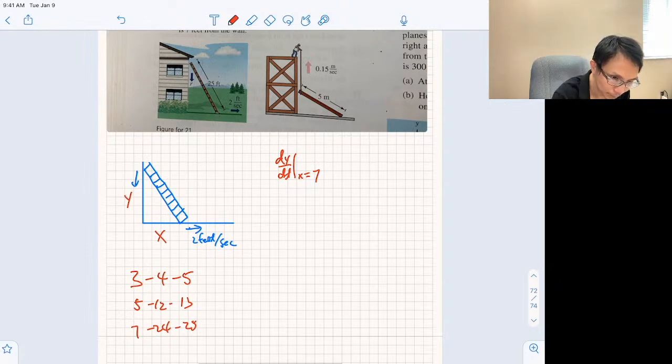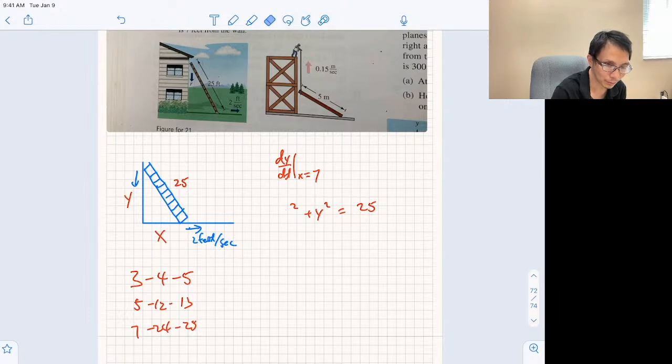Anyone? You can use the Pythagorean theorem. Yay! My good old favorite Pythagorean, right? Now, this is the constant I'm talking about. The ladder does not change. Why is that going to be helpful?